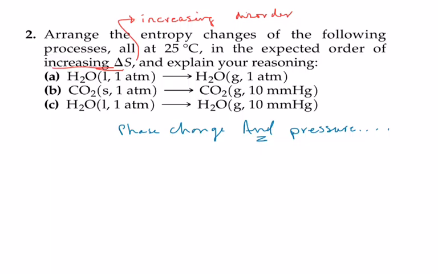My hint is make sure you consider both the phase change and the pressure. For instance, A and B look very similar because they both have water going from a liquid phase to gas phase. But in the case of C, it's going from a higher pressure to a lower pressure.